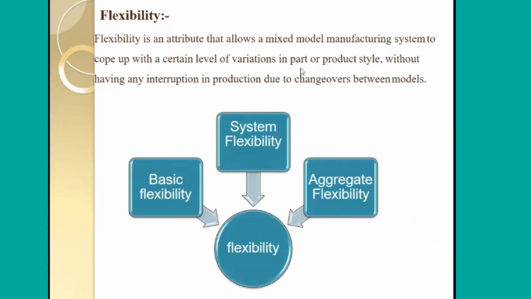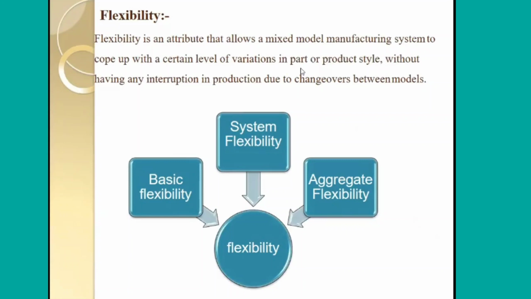Flexibility is nothing but the attribute that allows a mixed model manufacturing system to cope with a certain level of variation in part or product cycle without any interruption in production due to changeover between the models. These three major flexibilities comprise different categories.